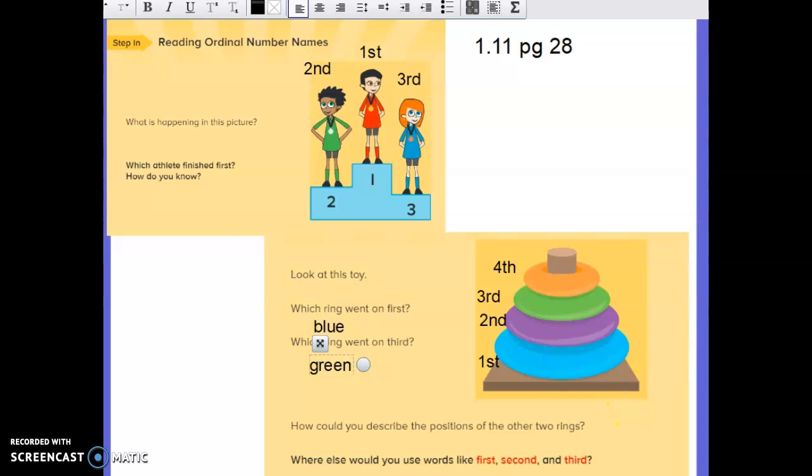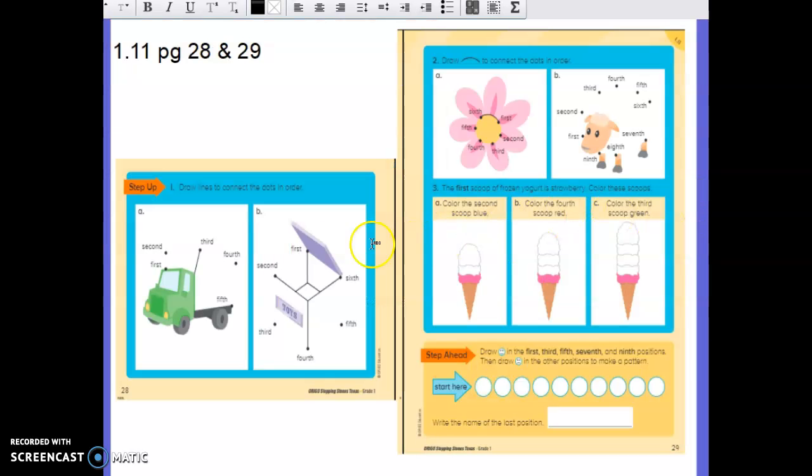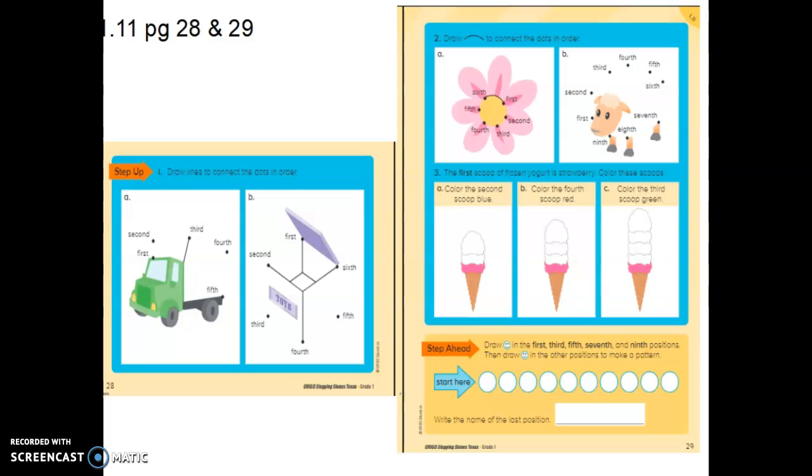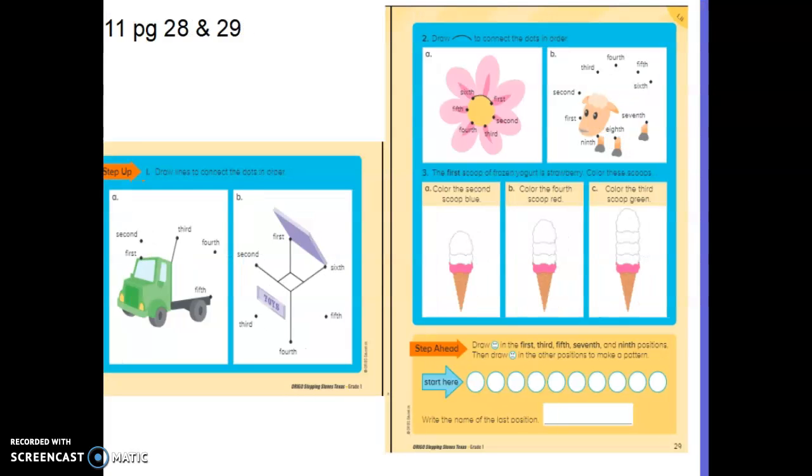Okay, now let's take a look at the bottom part of the page. It says draw lines to connect the dots in order on page 28. So we're drawing the lines to connect them in order. So we have the word form first, second, third, fourth, fifth.